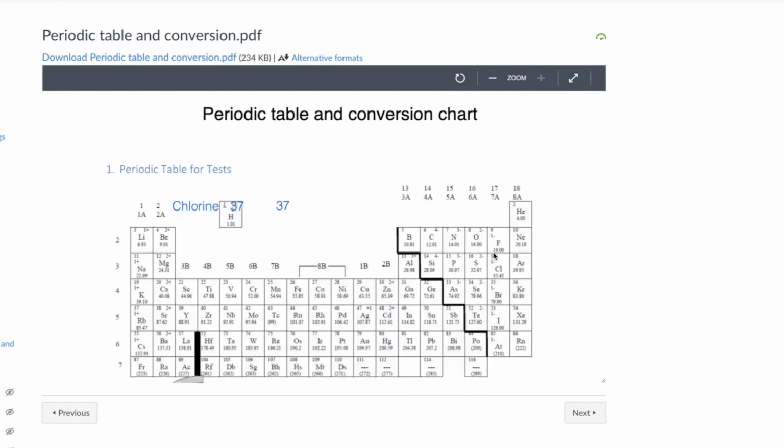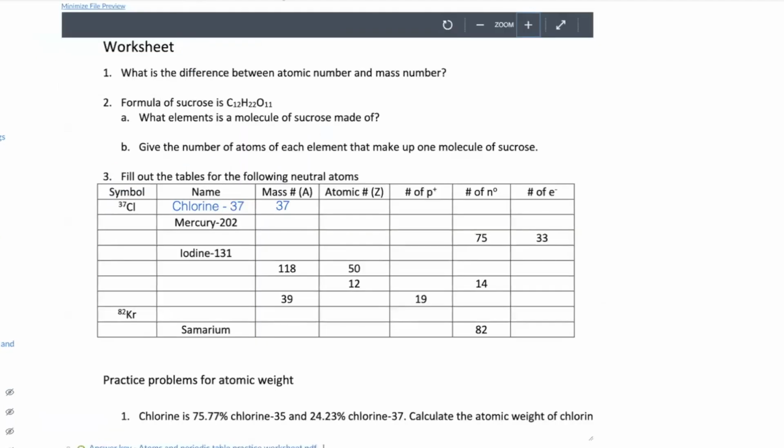For chlorine, the atomic number is 17, which means the proton number is also 17. So let's write those down in our table. This is the neutral atom, so 17 protons, so there will be 17 electrons as well.